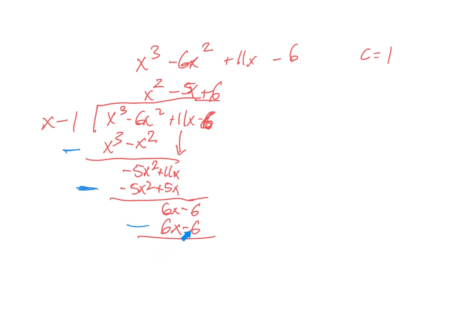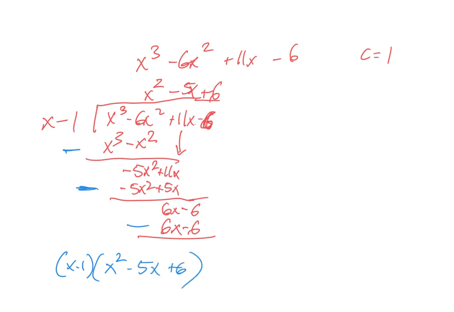Negative 6 minus a negative 6, which is plus a positive, also 0, as it should be. So at this point, it's factored into x minus 1 times x squared minus 5x plus 6, where the original polynomial is the dividend up top.